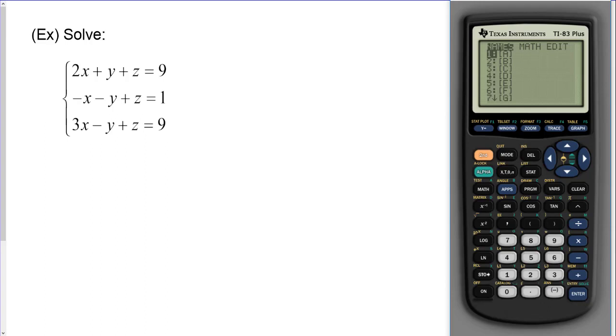The first thing you'll notice is there's a limited number of matrices that you can define in your calculator, and this is where you would define them. But I want to edit one of those. So I'm going to edit matrix A, and it tells me that I need to define the size of the matrix. The size of a matrix is defined by a number of rows and a number of columns. So the number of rows that we would use here is equal to the number of equations.